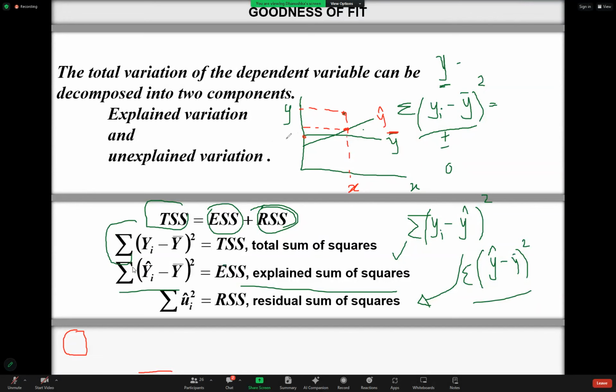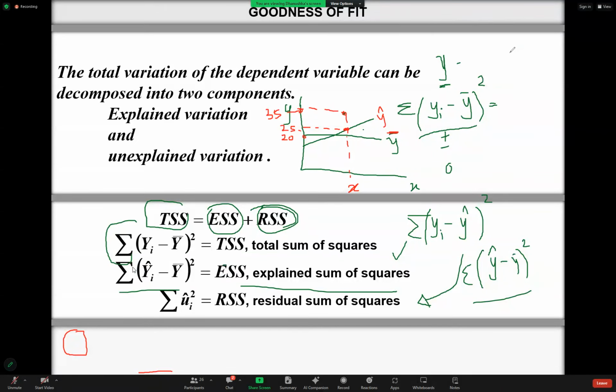Let's assume some values. Let's say here 20. Here let's say 25. Here let's say 35. Okay, 35.